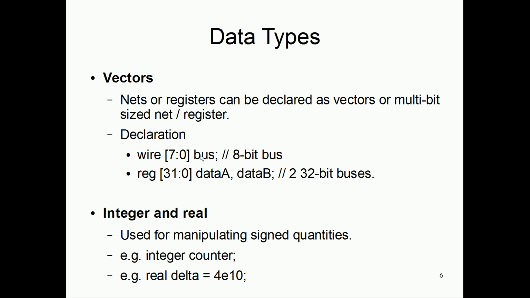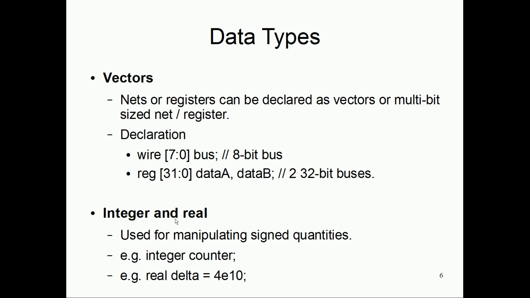For example, wire [7:0] bus, which practically gives you an 8-bit bus, and each bit element we can refer to as bus[0], or bus[5]. So this is a way to group multiple bits together within one name.